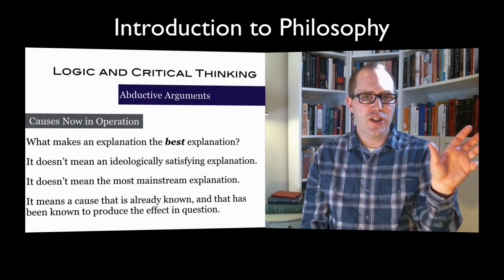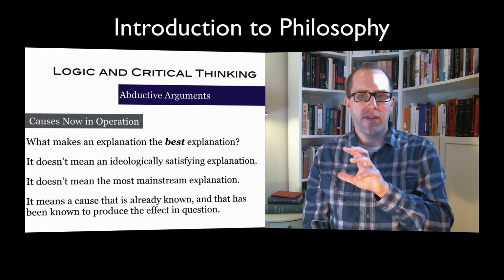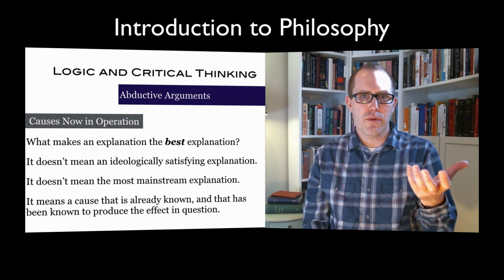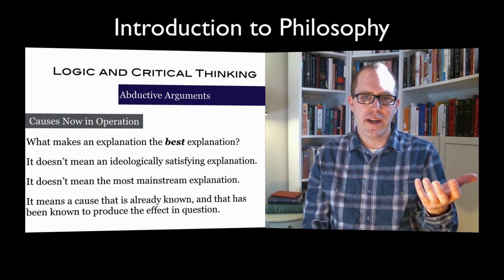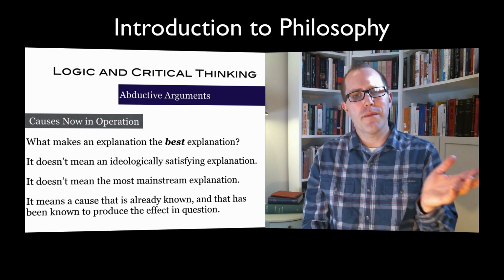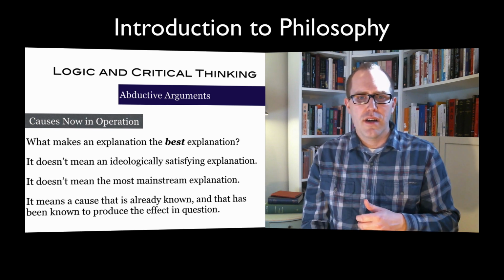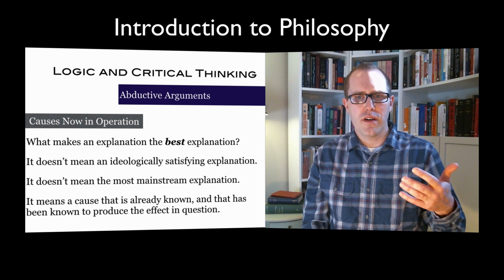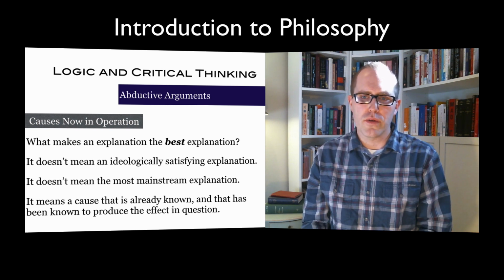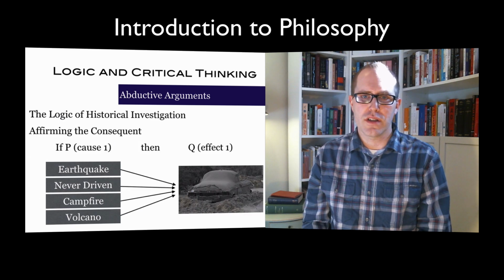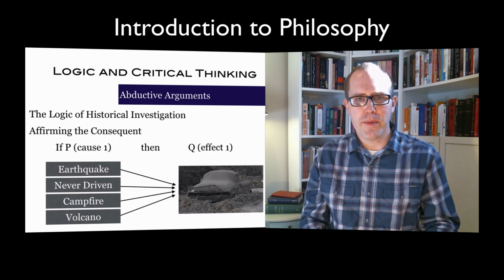Best explanation doesn't mean something that's ideologically satisfying, because obviously we want to allow for explanations that challenge the prevailing ideology. It also doesn't mean the mainstream explanation. The best explanation is something that appeals to a cause that's already known, and that can produce the effect in question. So here might be an example.